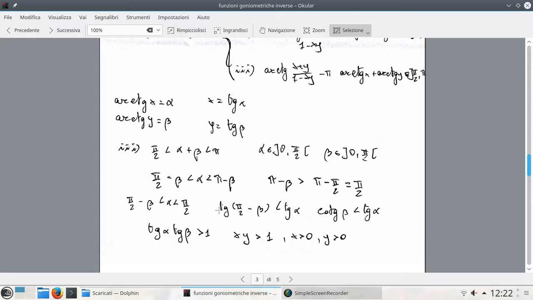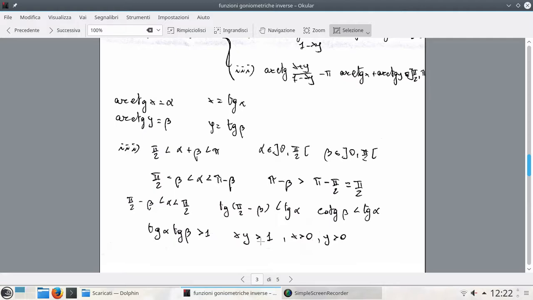by the decreasing ratio of tangent. We have tangent of 1/2 of pi minus beta less than tangent alpha, so we have cotangent beta, and taking into account the positive sign of cotangent beta, we have tangent alpha times tangent beta greater than 1.